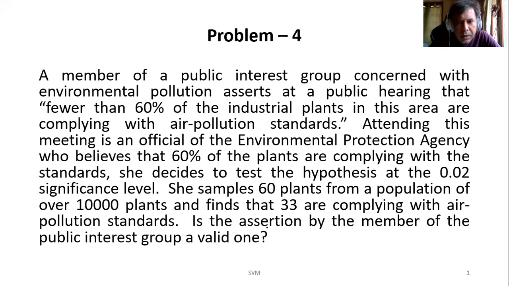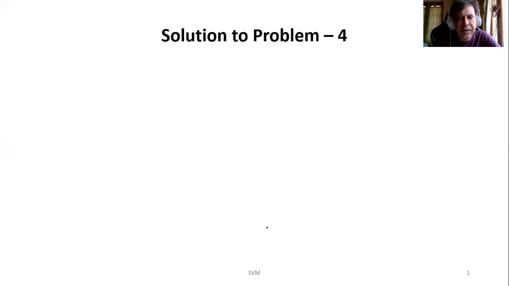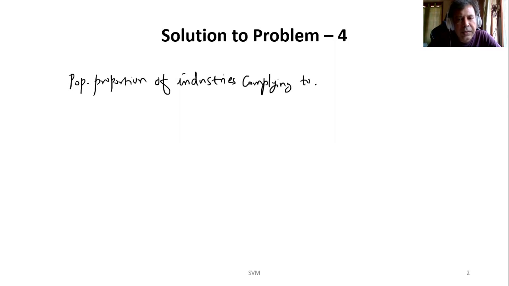One is talking about people who are adhering to the standards or complying to the standards. So I can say population proportion of industries complying to standards.